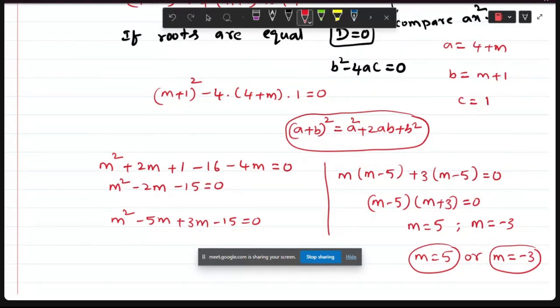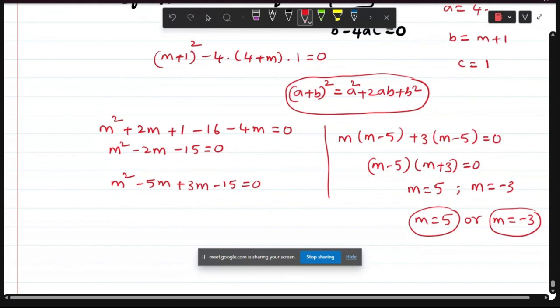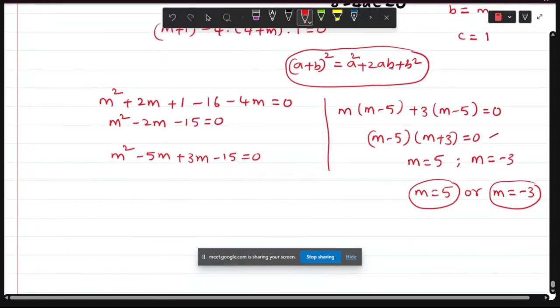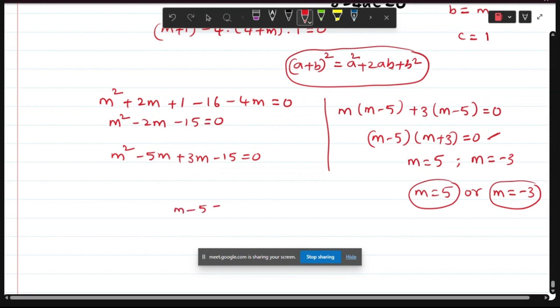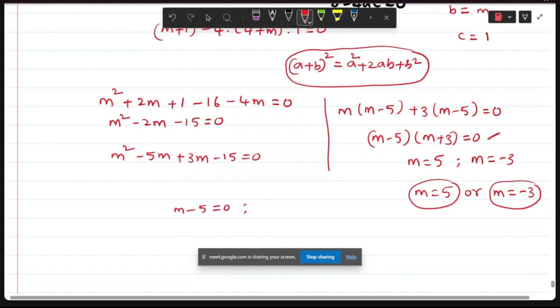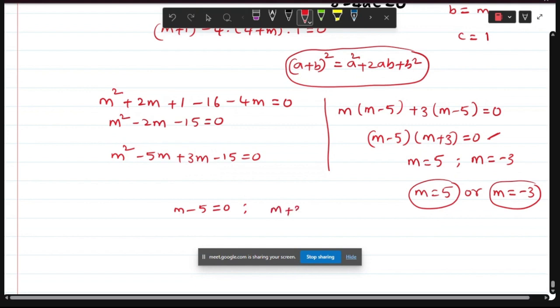Sir, how is m equal to 5? Ma'am, here, this step, okay? (m minus 5) and (m plus 3). m minus 5 is equal to 0 is one situation. One more situation: m plus 3 is also 0. Why?